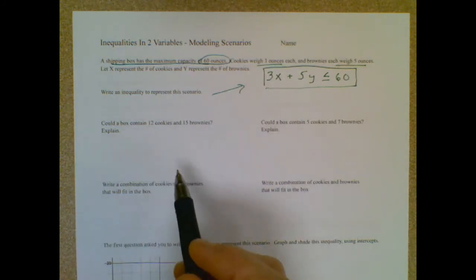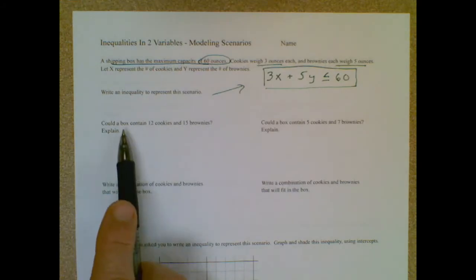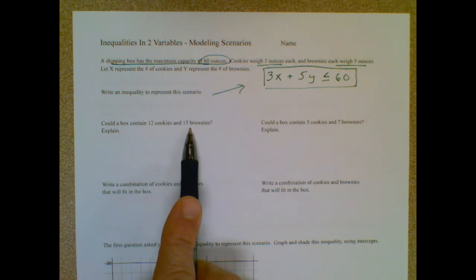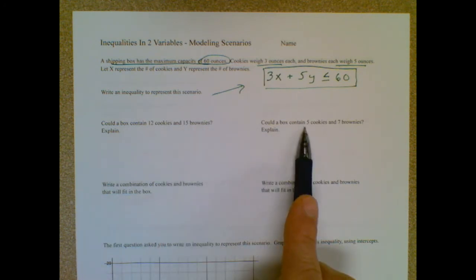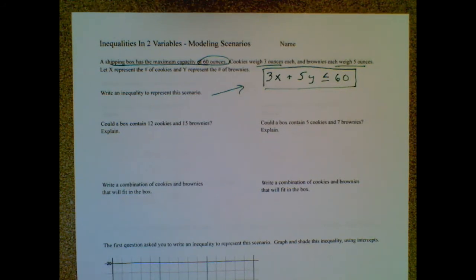These next two problems you could figure out either by equation or just by your own arithmetic, but it says, hey, could a box contain 12 cookies and 15 brownies? Or could a box contain 5 cookies and 7 brownies? No matter which one of those you're answering, you need to go ahead and weigh them.